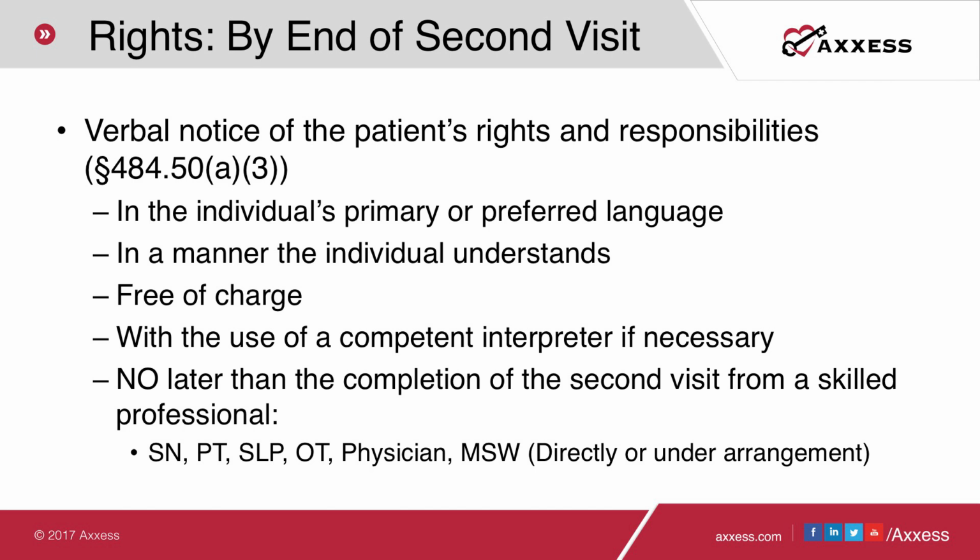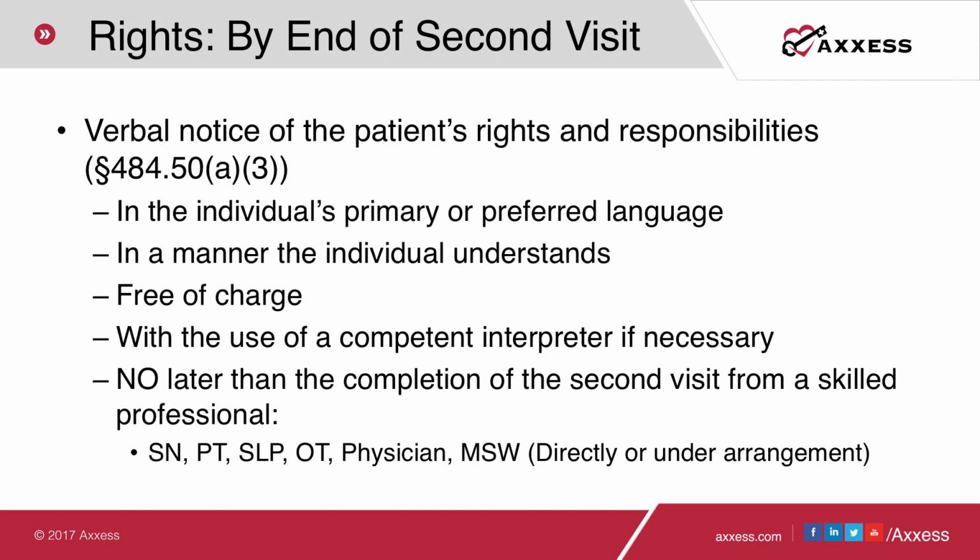So the written part's already done, the second visit happens, and verbal notice of the patient's rights and responsibilities has to be given. It has to be in the individual's primary or preferred language, in a manner that the individual understands. It has to be free of charge, and we will have to use a competent interpreter if necessary. We have to make sure all of this is done no later than the completion of the second visit from a skilled professional.